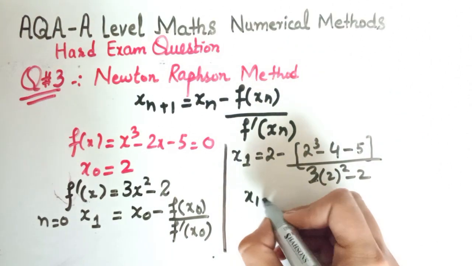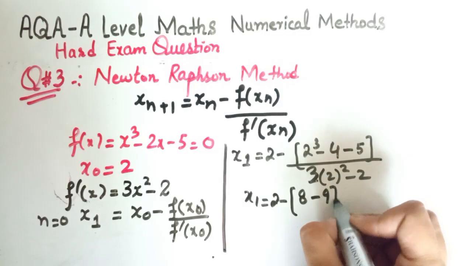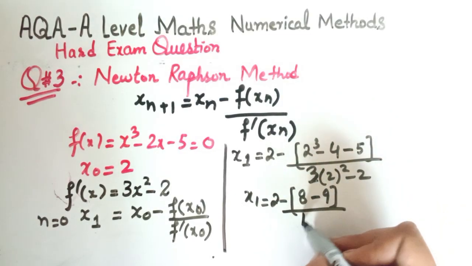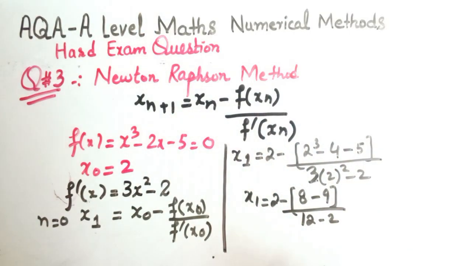That implies x1 equals 2 minus (8 minus 9) divided by (4 into 3, 12, 12 minus 2). So with the help of a calculator we will solve this.